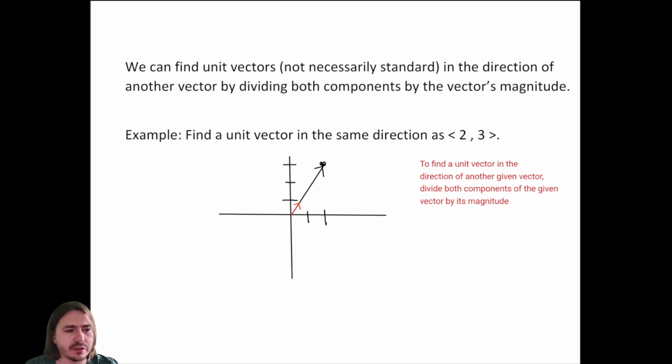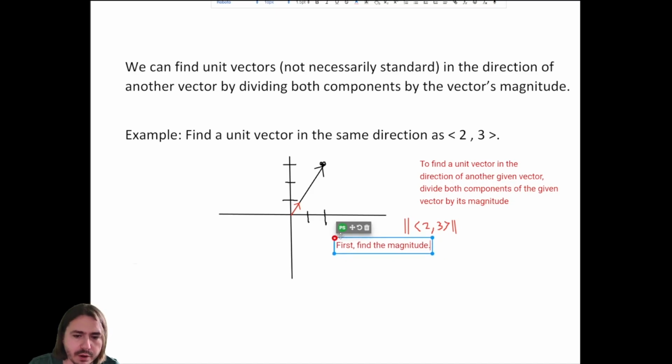In order to do this, we first need to calculate the magnitude of this vector. So let's go ahead and compute the magnitude of the vector (2, 3). This doesn't have a name, so I'm not going to arbitrarily give it one. I'm just going to call it what it is, which is (2, 3). So first, find the magnitude. That's your step 1 here.